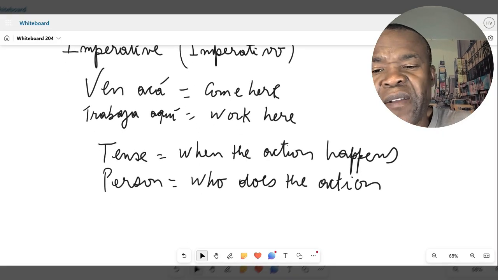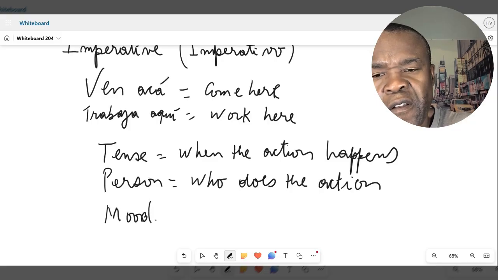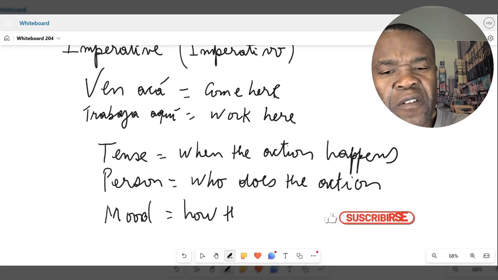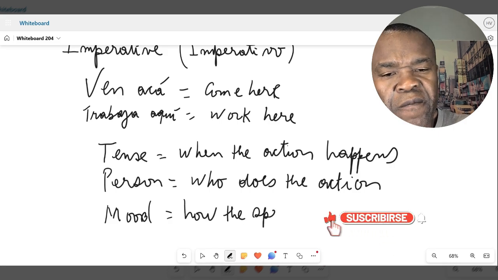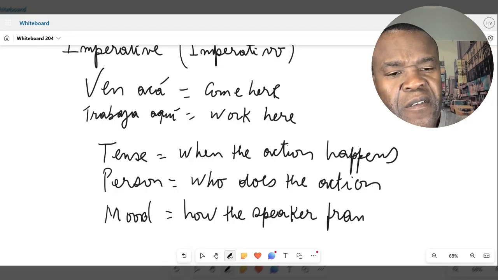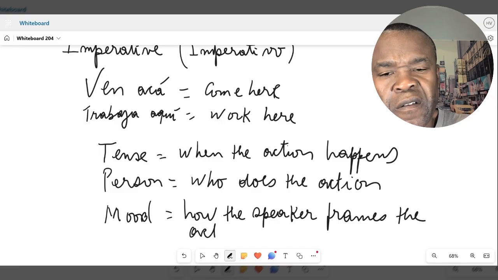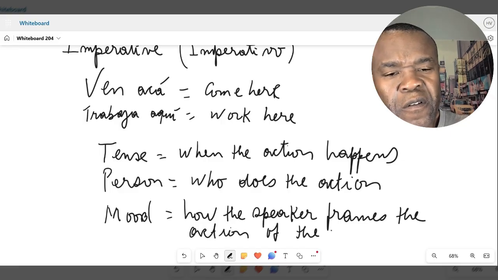When we're talking about mood, verb mood, we're talking about how the speaker, whoever's speaking, frames the action of the verb.